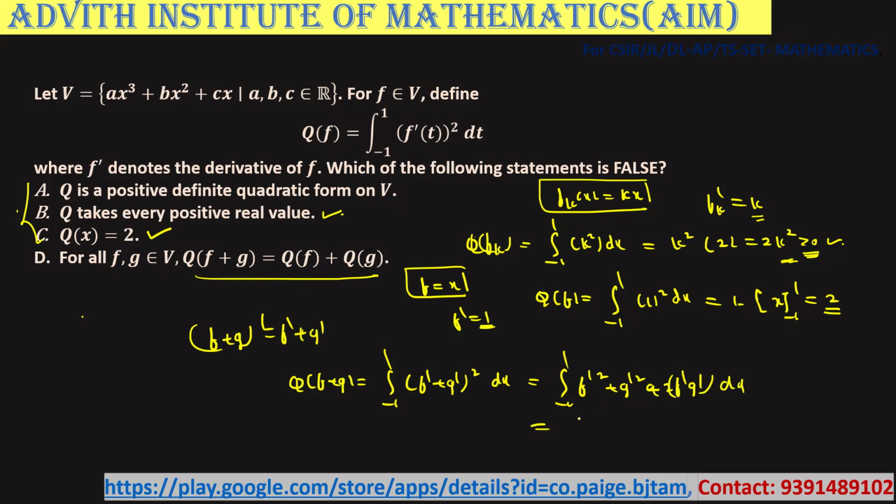What we need is integration of f dash square dx plus integration of g dash square dx, but this extra term is there. So therefore it is not equal, so therefore option D is the right one. Option D is the right one.